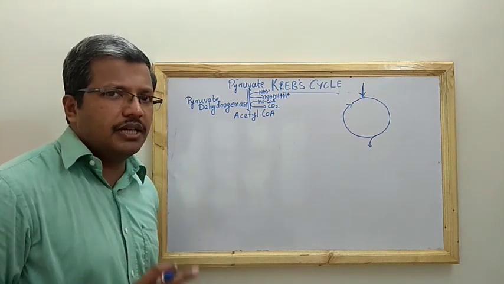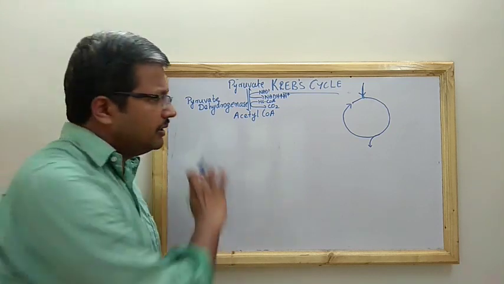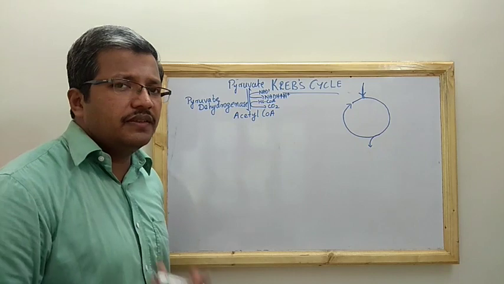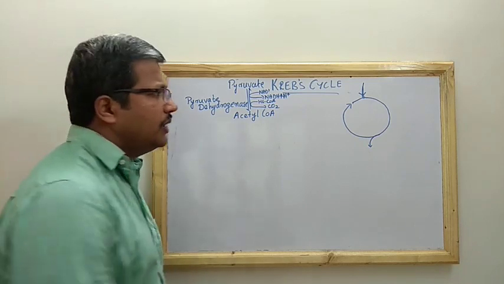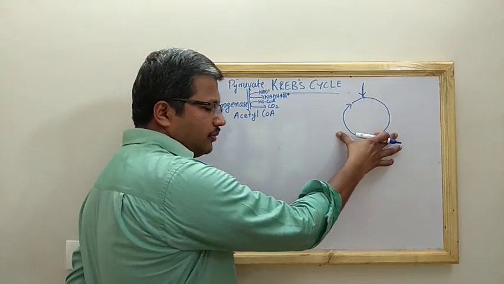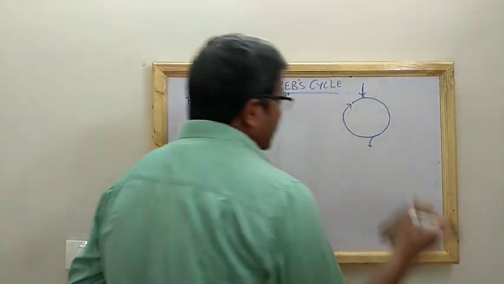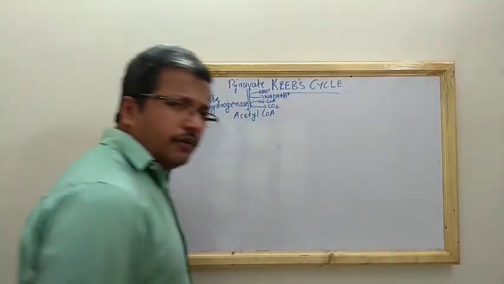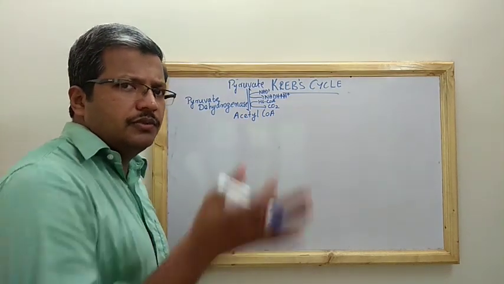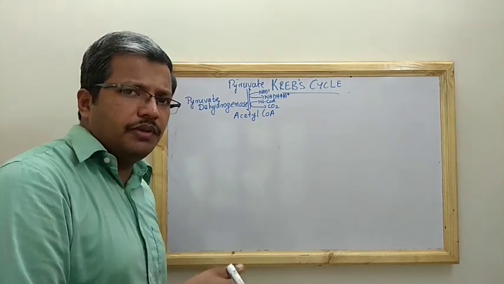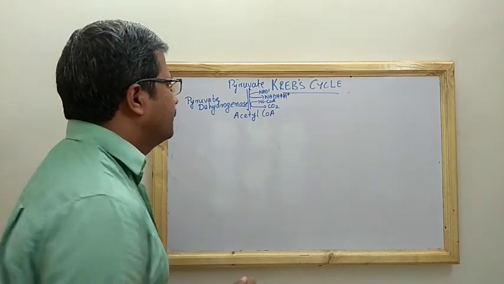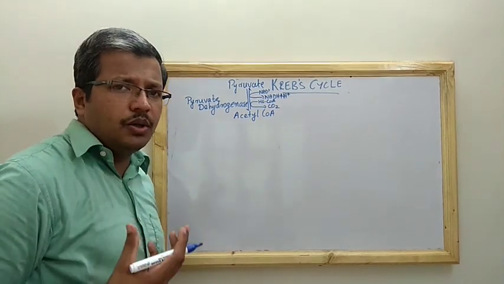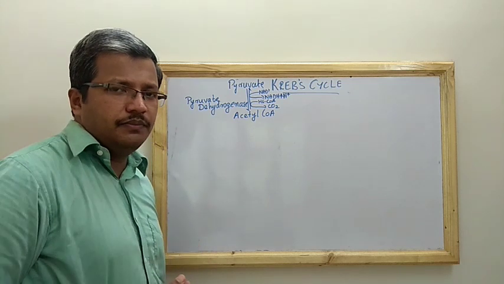As it is a cyclic process, we have to represent it in this form. Ensure that you are drawing the structures and reactions in this way only. If you want to know, go back to the initial part of the video and see that image. Okay, so acetyl coenzyme A is now combining with the oxaloacetate.